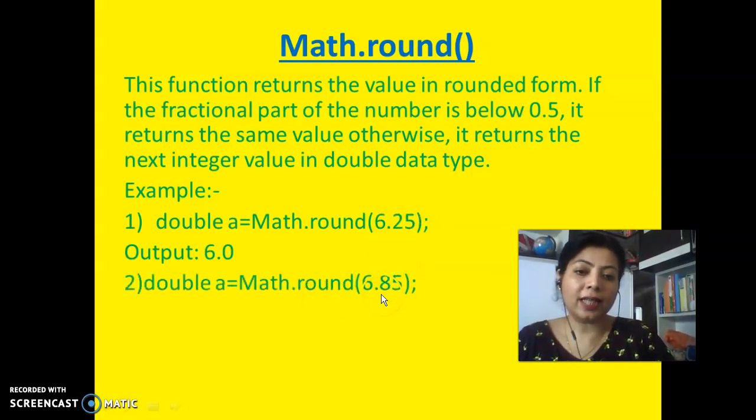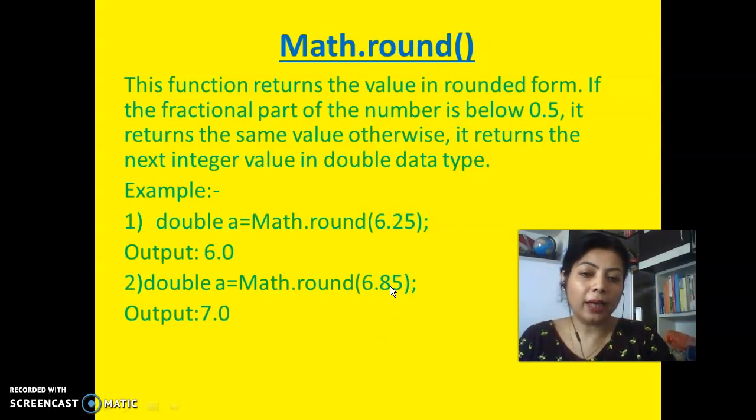Let's see the second example, which is 6.85. After the point there is 8, so obviously we increase it by 1. So the answer is 7, because after the point we have a value which is 5 or more than 5, so it is increased.